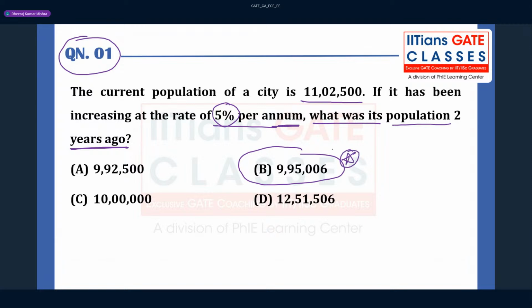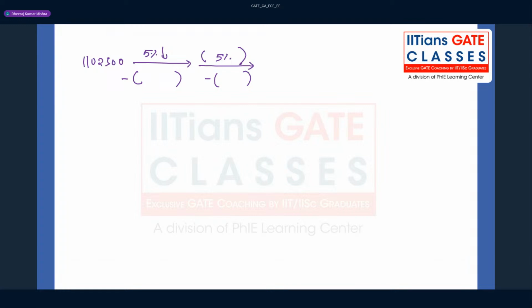So you have to just find 5% of 1,12,500. Let me calculate using an online calculator. You guys can open a scientific calculator; I believe everybody might be having one. Here 5% means 5 into 1,12,500, and you divide by 100 so that you can find 5% of this.